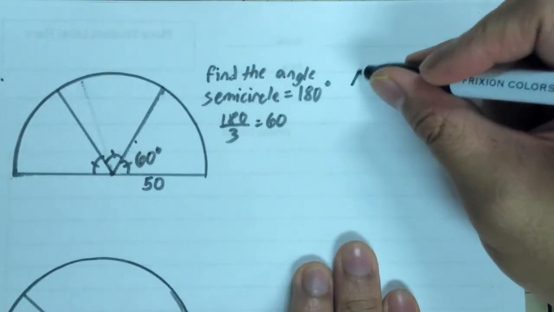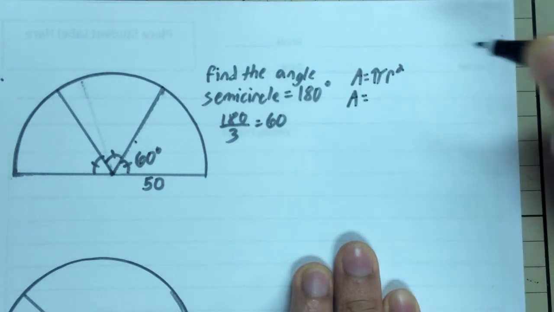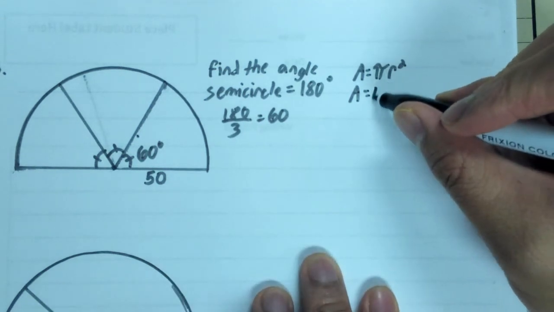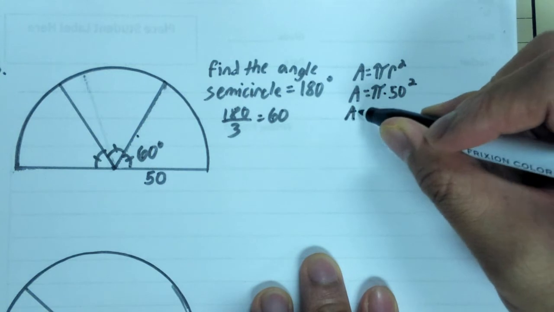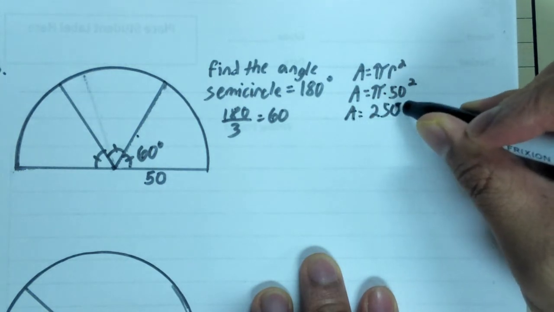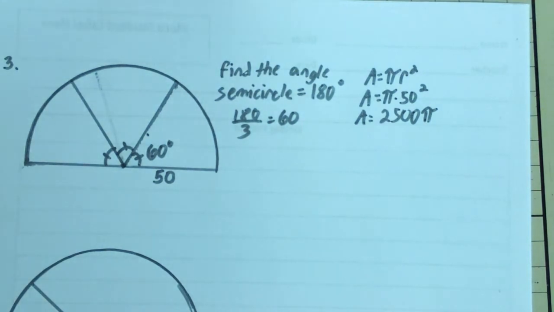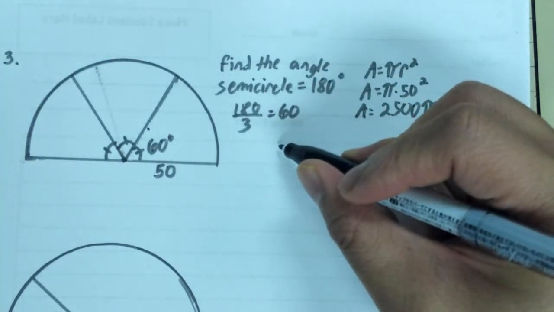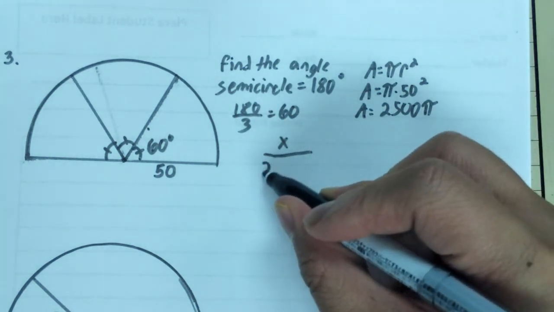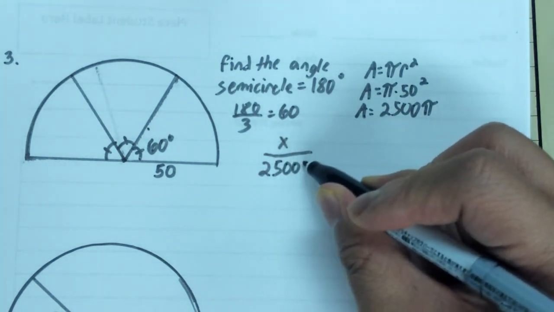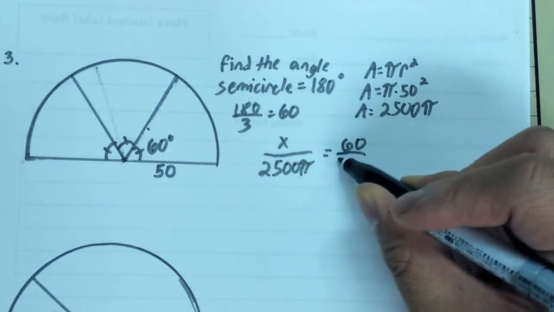Area equals pi r squared. So my area is pi times 50 squared, which is 2,500 pi. Now we can plug this into our proportion. We don't know what our sector is, but we do know the full circle is 2,500 pi. That equals 60 over 360.